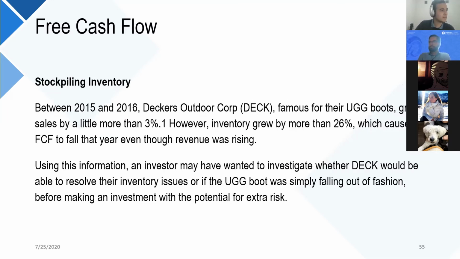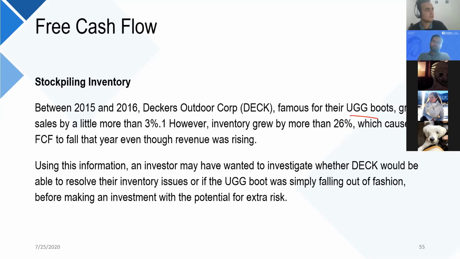Another reason maybe is that they are stockpiling inventory. Remember, inventory is part of something called the cash conversion cycle. So maybe you have a lot of sales, but you also have inventory accumulation. Here I'm giving you a real life example. Maybe some of you didn't know what UGG boots are.